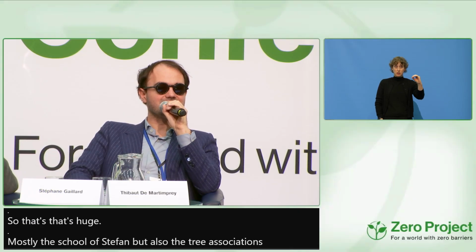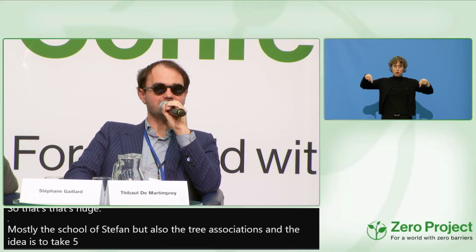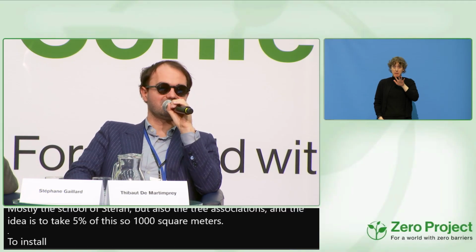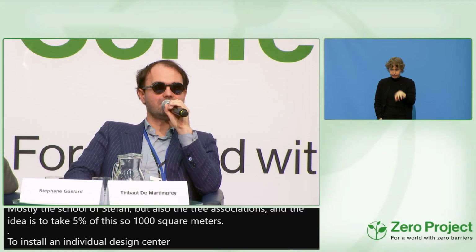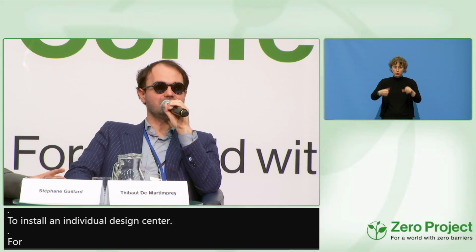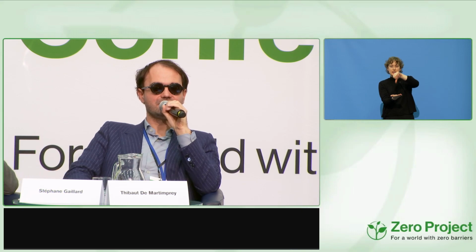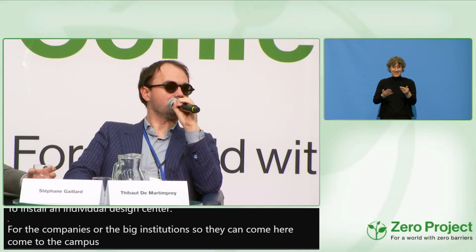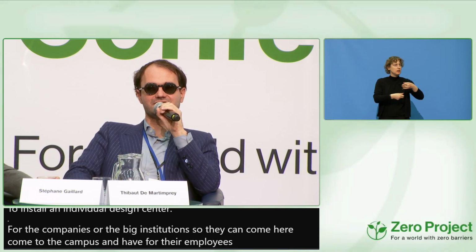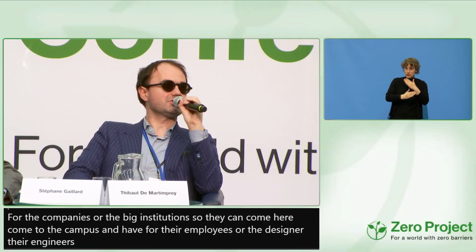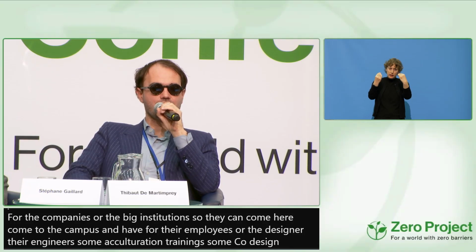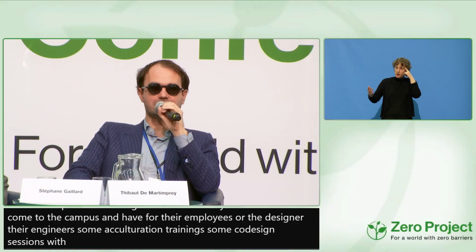And the idea is to take 5% of this, so 1,000 square meters, to install a universal design center for companies or big institutions, so they can come to the campus and have, for their employees or designers and engineers, some acculturation trainings and co-design sessions with blind, low vision, or deaf people.